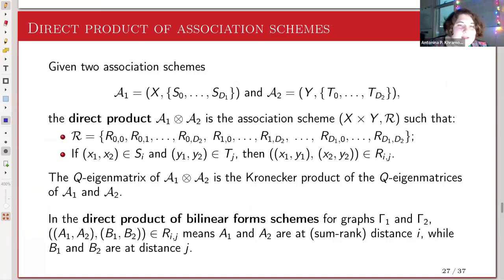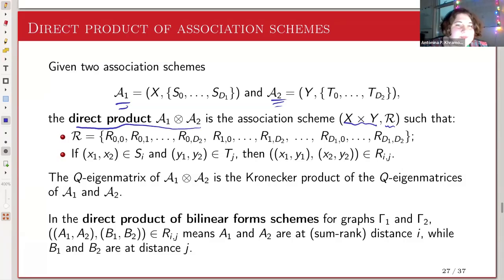And for this, we need the operation of direct product of two association schemes. So here we start with two association schemes. The point set of the product is the direct product of the two point sets of the schemes. And the relation is also a direct product of the two sets of relations.